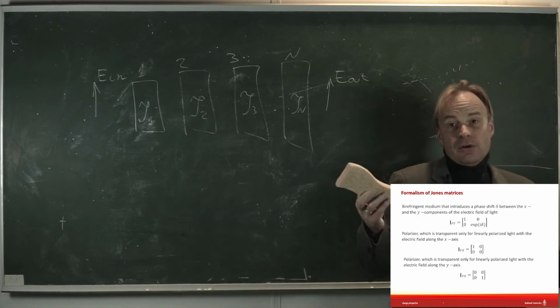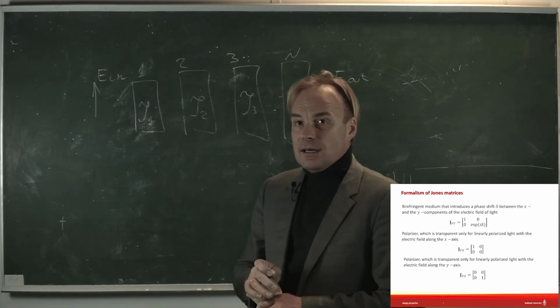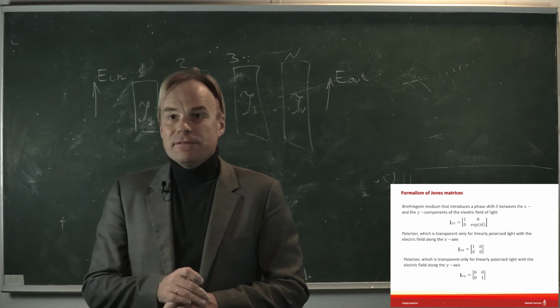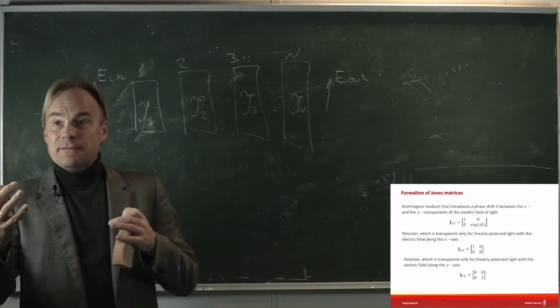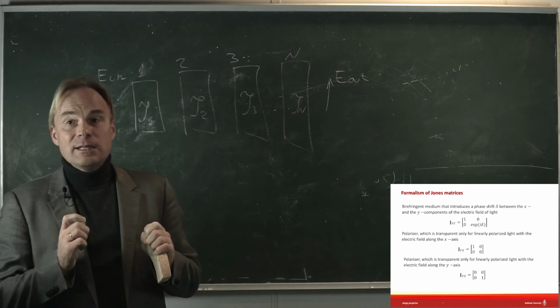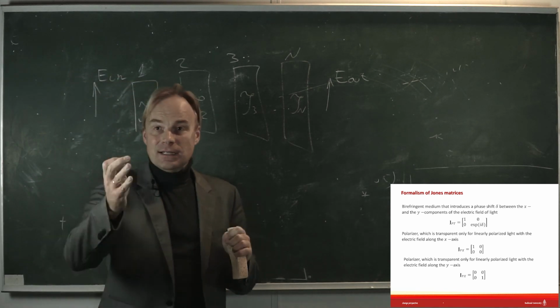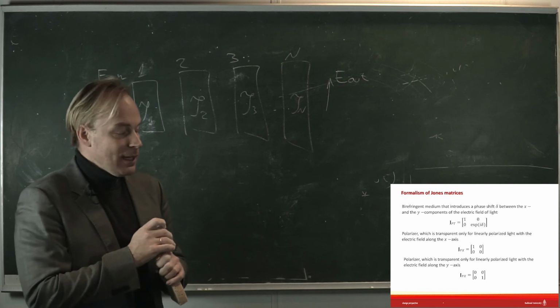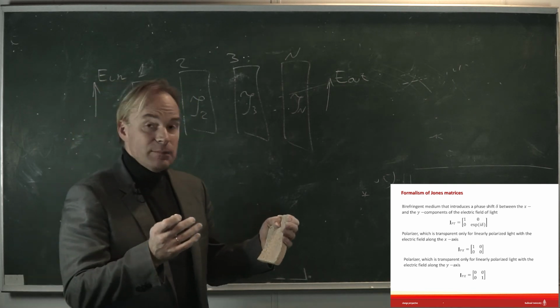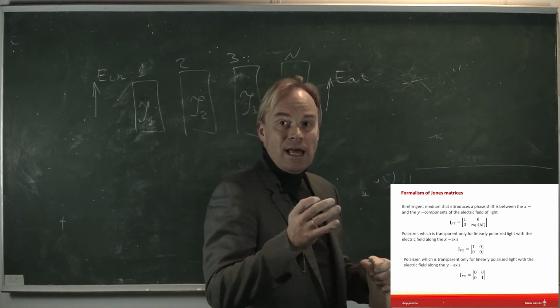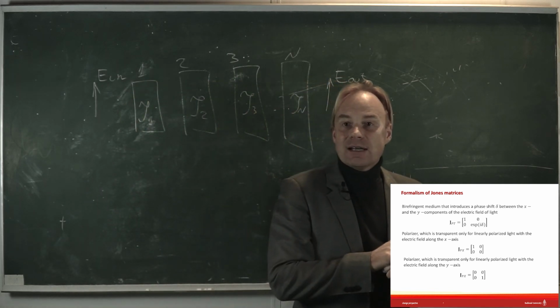And we can define, of course, matrices for each of the optical elements. For instance, if you're talking about a birefringent medium that has different refraction coefficients for light polarized along the x and y axes, it will have a very simple diagonal form. Also, a polarizer, like in Polaroid glasses, will have a specific Jones matrix.